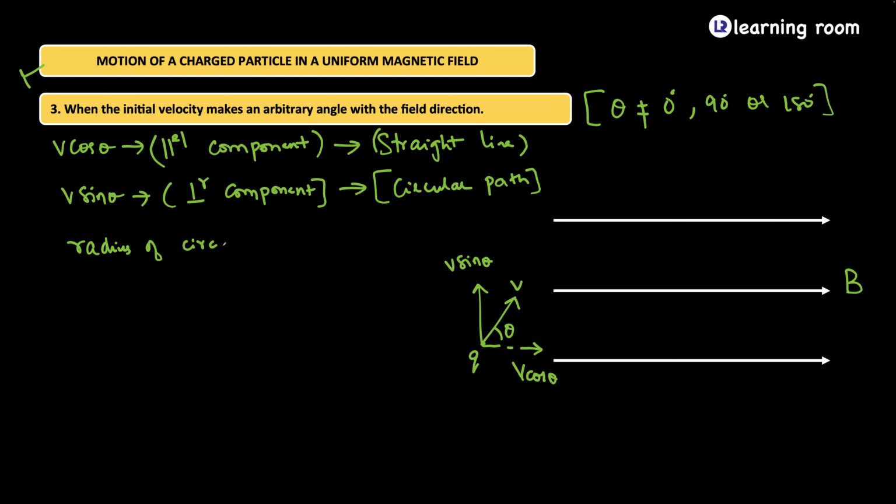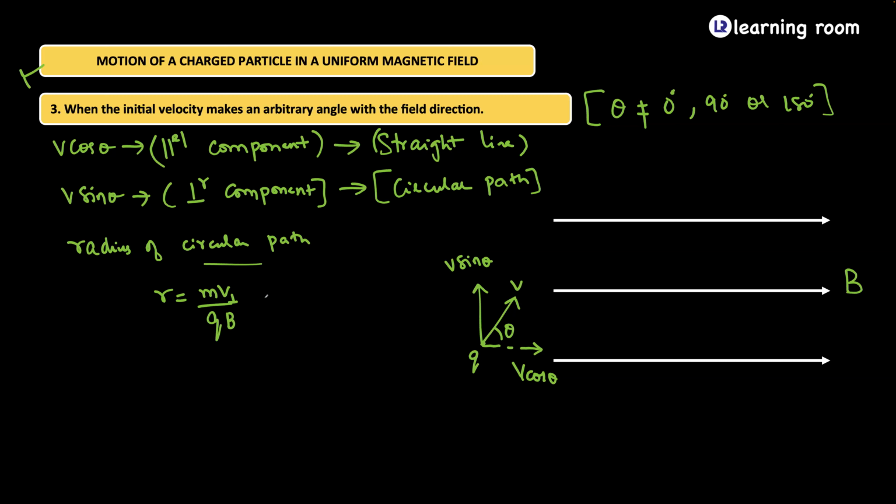So what is going to be the radius of the circular path which is going to take place? For the radius of the circular path, we need not apply any formula. We need not derive anything. We already have a ready-made formula. What is it? R is equal to mv divided by qB. So when I talk about v, here it is the perpendicular component which is actually responsible for the circular path.